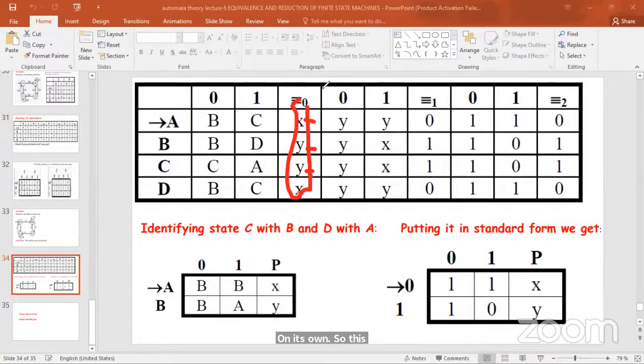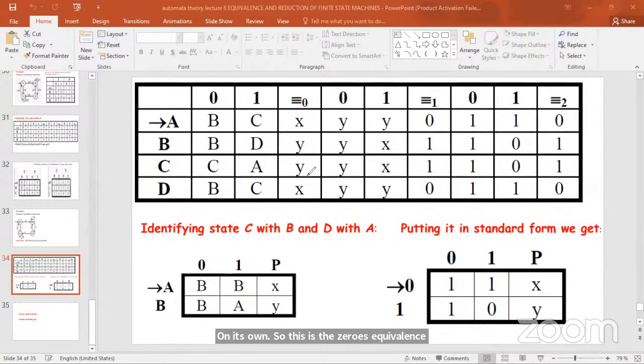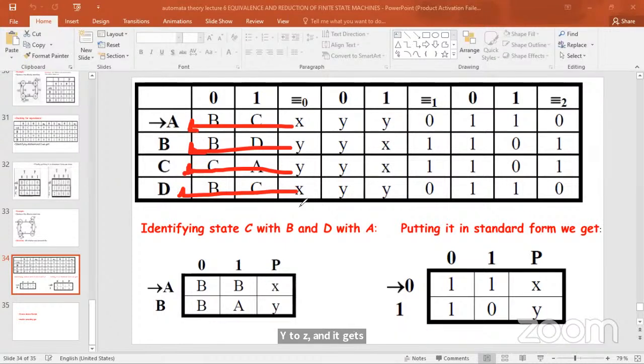So you look at it, it looks strange, right? All you need to do is put the output here as the zeroth equivalence. So you assign X to A, Y to B, Y to C, X to D. So this is used to generate the next set of inputs, right?